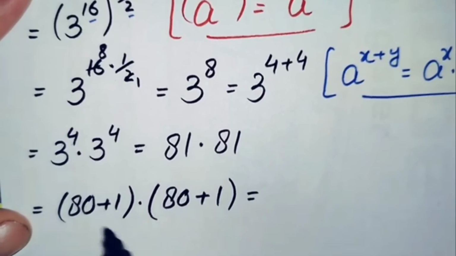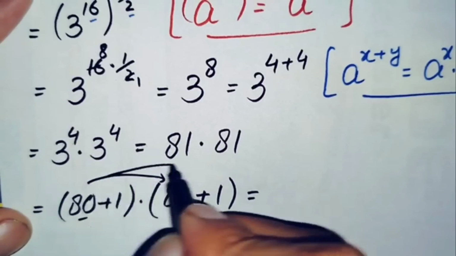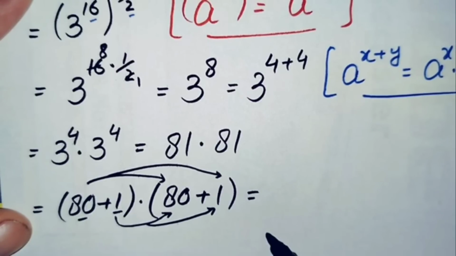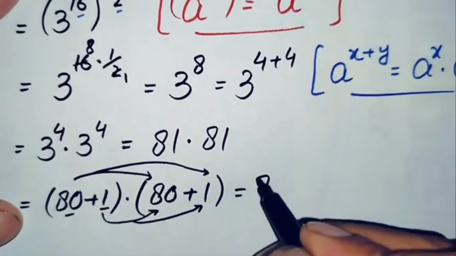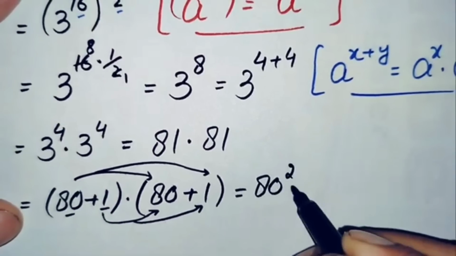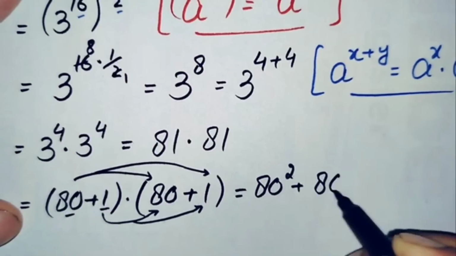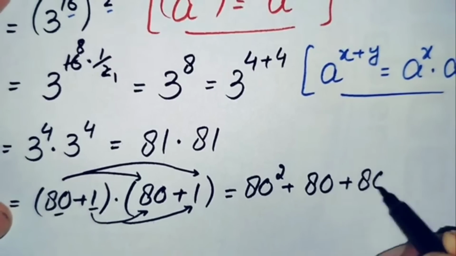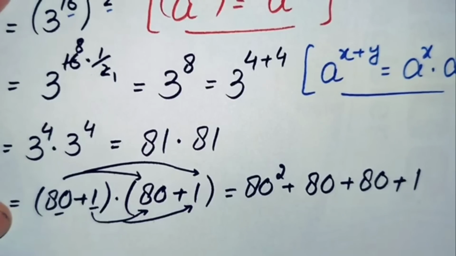Now here we will multiply this number 80 first with these two numbers, first with 80 and then with 1. And then we will multiply this 1 with these two numbers, first with 80 and then with 1. So this will become 80 times 80 is 80 square, plus 80 times 1 is simply 80, plus 1 times 80 is 80, plus 1 times 1 is 1 square, which is simply 1.